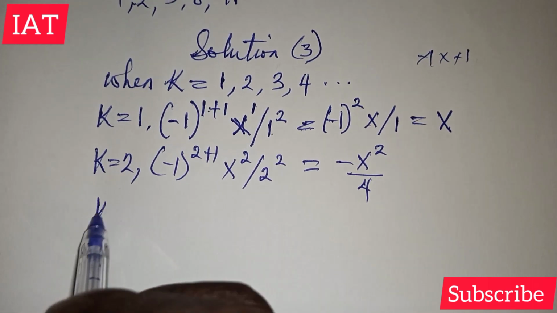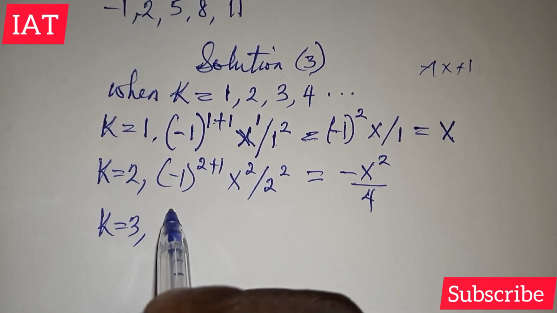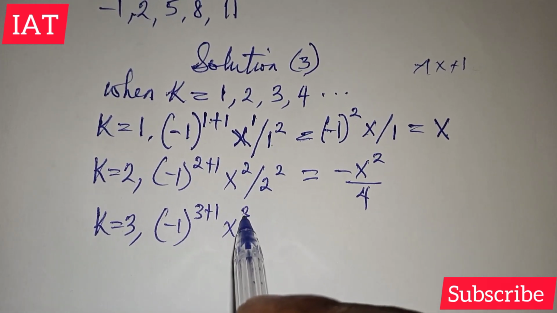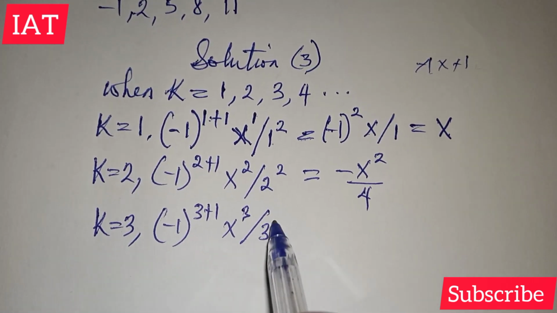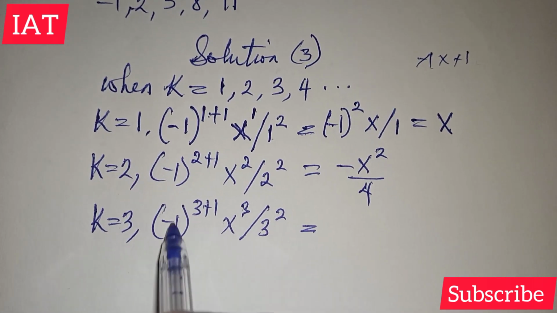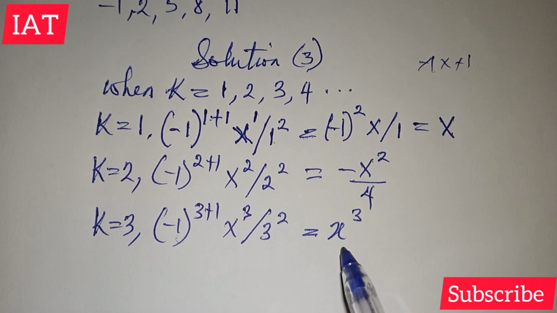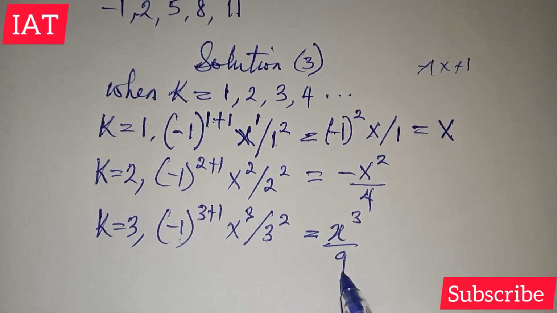The next one will be k equal to 3. So this will be minus 1 to the power of 3 plus 1, x to the power of 3 all over 3 squared. And this will give us 1. 1 times x to the power of 3 will be x to the power of 3 all over 3 squared, which is 9.